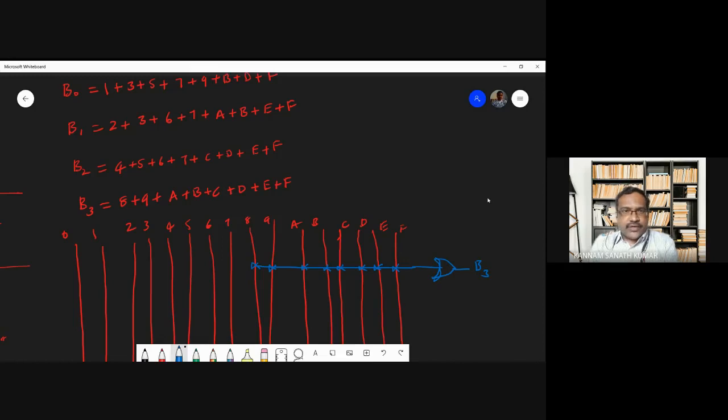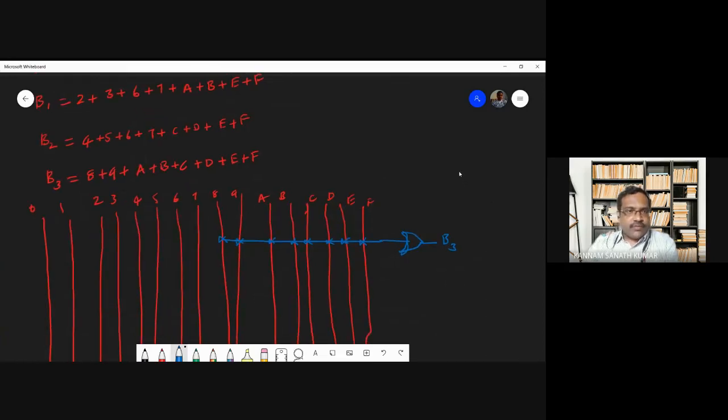And next B2. So from 4 it will start. So 4 OR 5 OR 6 OR 7 OR C OR D OR E OR F. So it is connected to an OR gate.